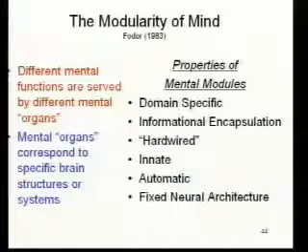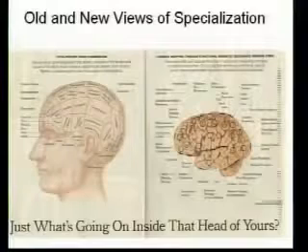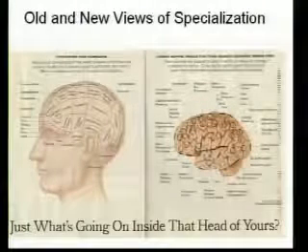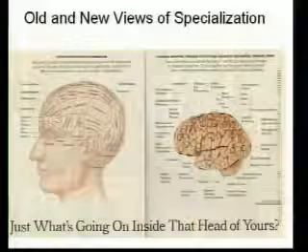Now, this doctrine of modularity is now very, very popular in psychology and cognitive neuroscience, and there's a lot to it. It is the dominant view of brain organization these days. This is from the New York Times a couple of years ago, and it's as good an illustration as any of what's going on.